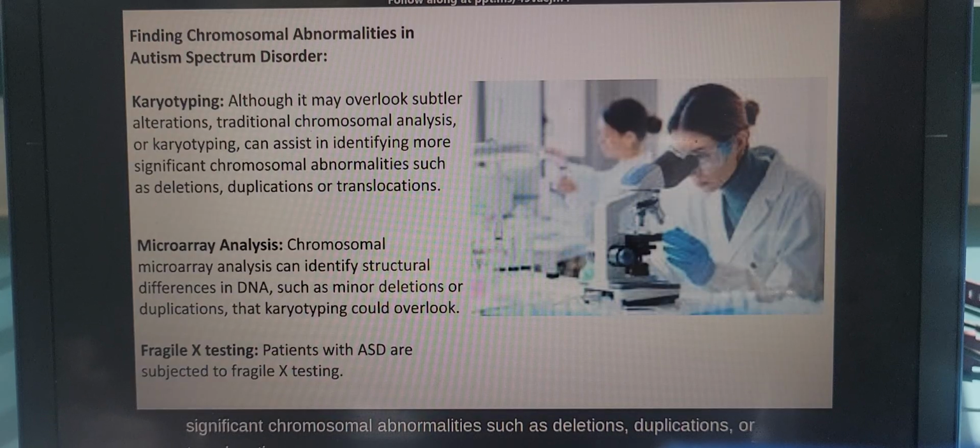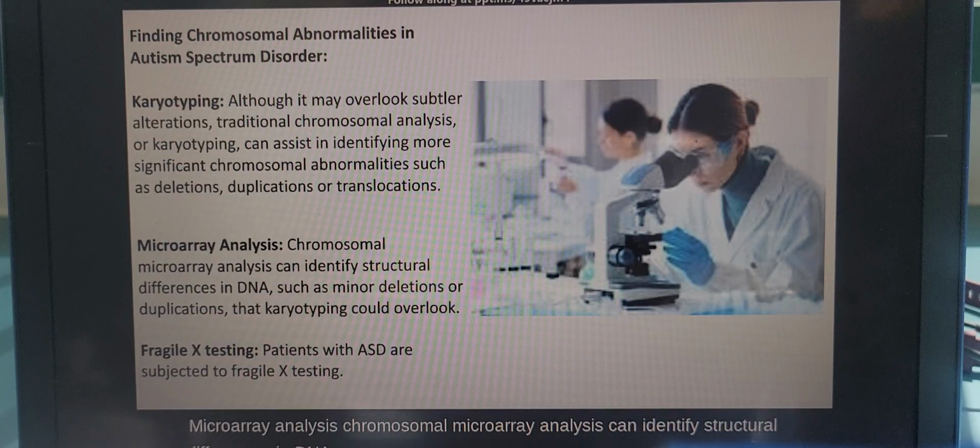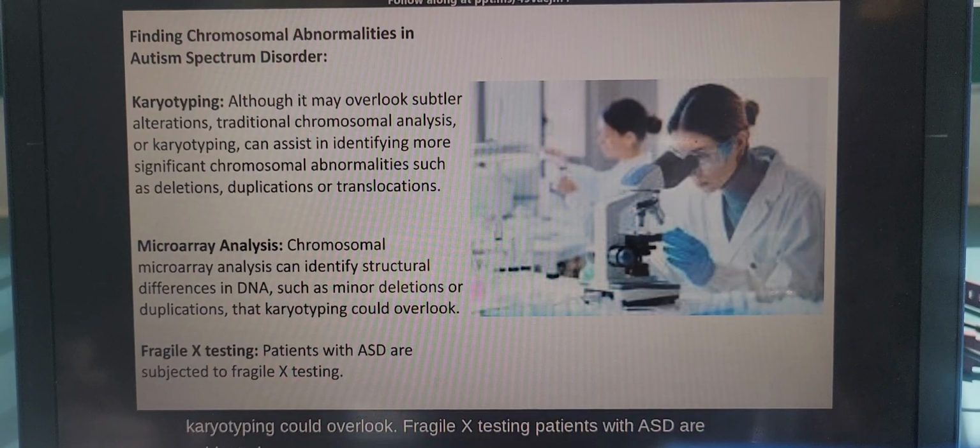Microarray analysis: chromosomal microarray analysis can identify structural differences in DNA, such as minor deletions or duplications that karyotyping could overlook. Fragile X testing: patients with ASD are subjected to Fragile X testing.